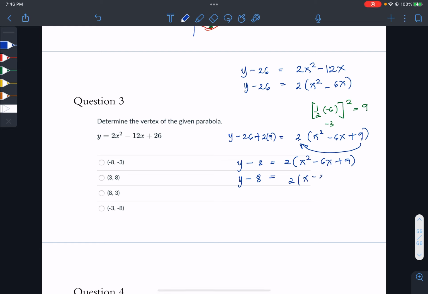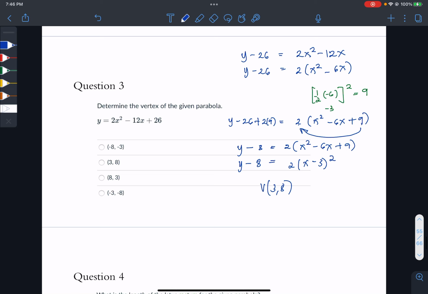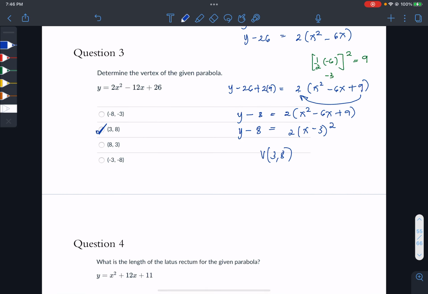So x minus 3 squared. So from here, we can now get the vertex. So ang vertex natin is positive 3 and positive 8. So yun yung vertex natin.